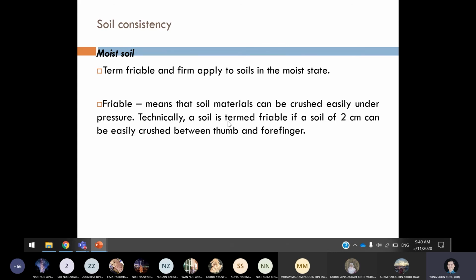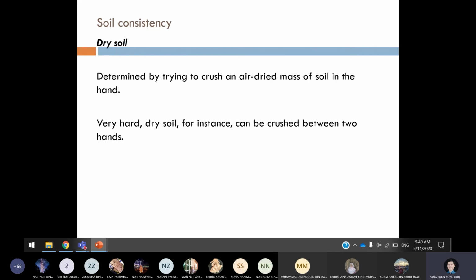Technically, a soil is termed friable if a soil of 2 cm can be easily crushed between thumb and forefinger. If they can easily crush, that means they have a soft texture, and usually this is caused by high organic matter. Dry soil, usually, is very hard.